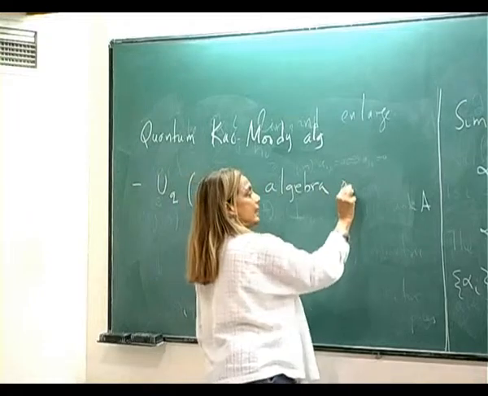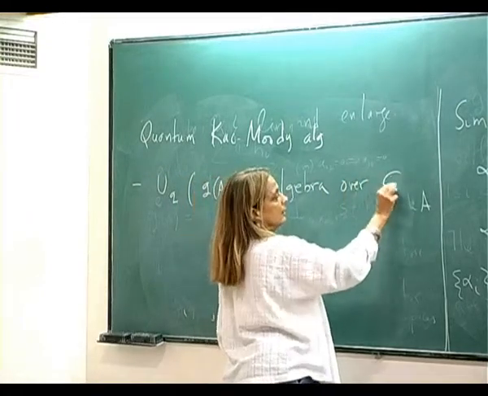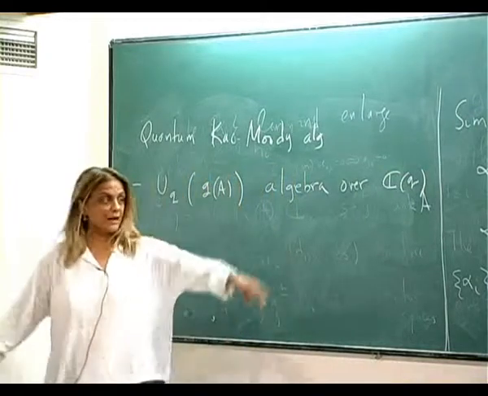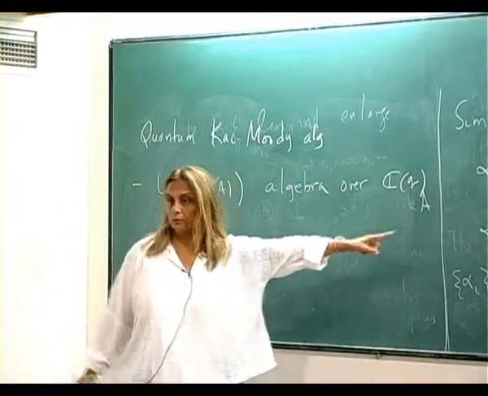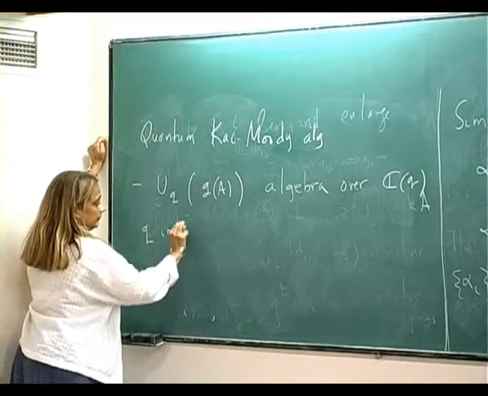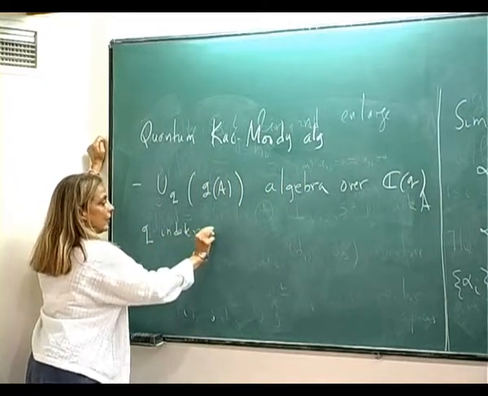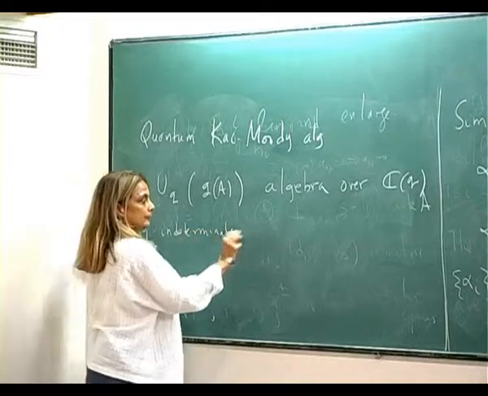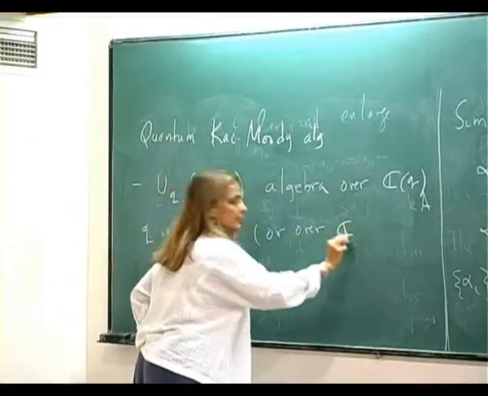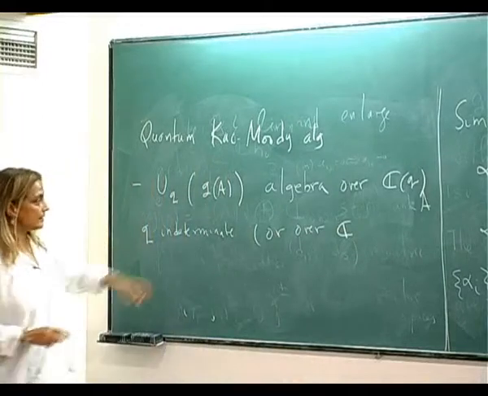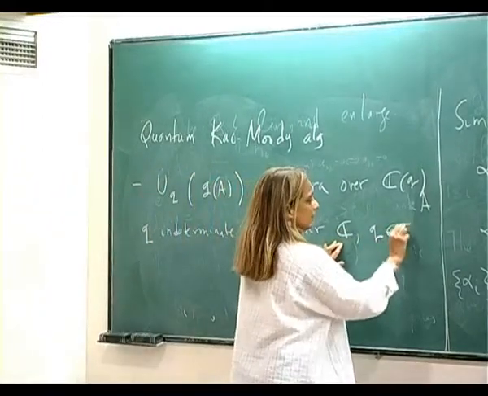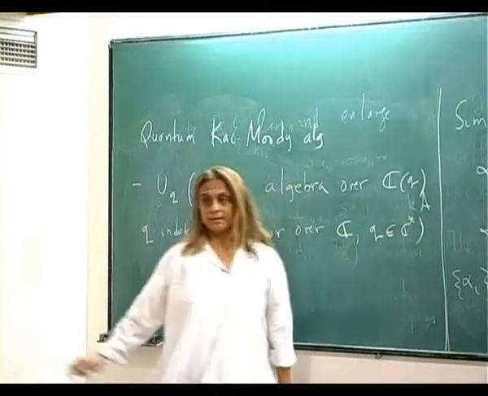There are two ways of thinking of it. You can think of it as being defined over the field of rational functions in a variable q, where q is an indeterminate. Or you can think of it as an algebra over C, where q is now thought of as a non-zero complex number.